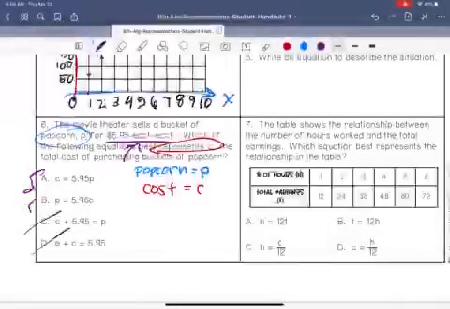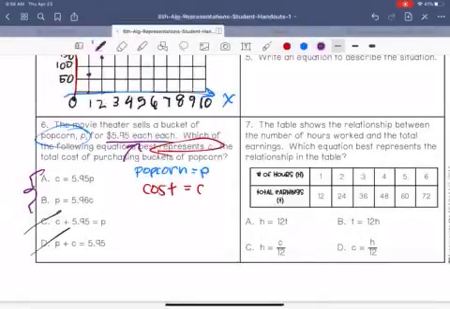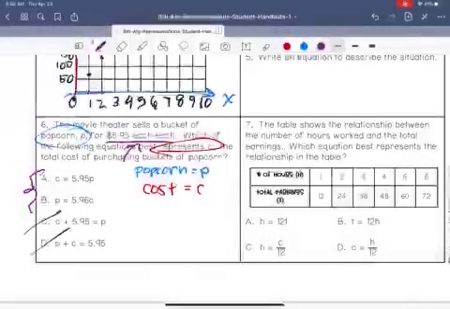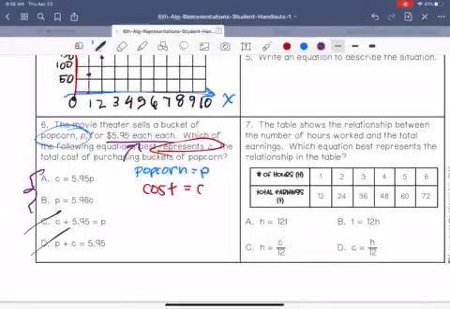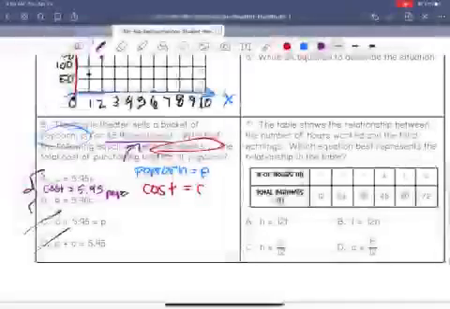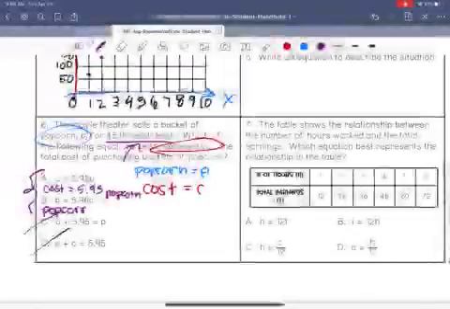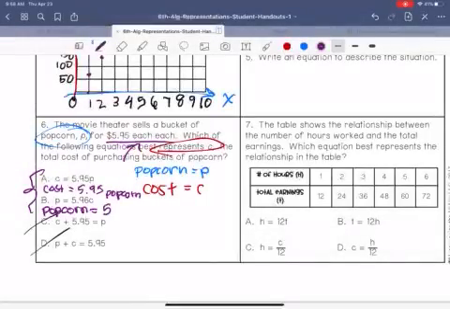So now we're just looking at this one and this one. The easiest way to figure out which answer is correct here is to literally replace the variables with words and see which one makes sense. So this one says cost equals $5.95 times the popcorn. And this one says the popcorn equals $5.95 times the cost.